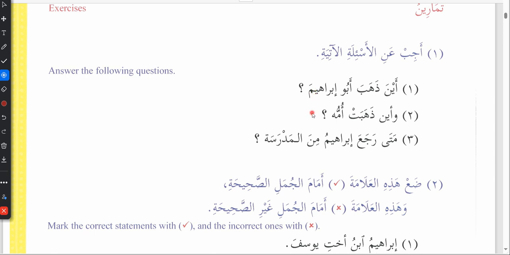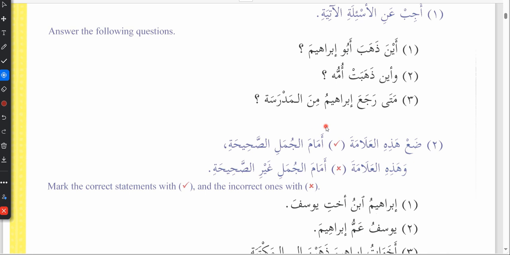Aina dhahaba Abu Ibrahim? Dhahaba Abu Ibrahim ila suqi. Wa aina dhahabat ummuhu? And where did his mother go? Where did his mother go? She went to her maternal aunt. So you will say dhahabat ummuhu ila khalati Zainaba.